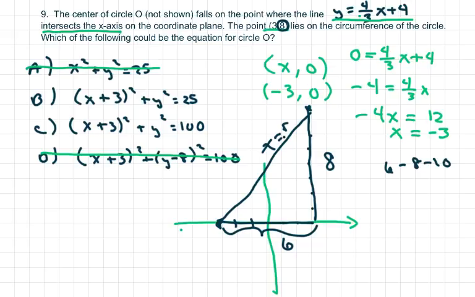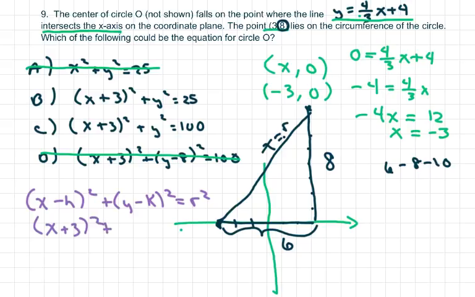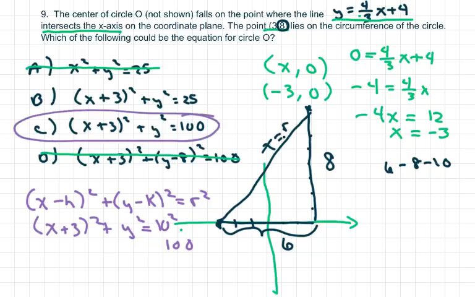So we know that r is 10, and if r is 10, then your equation of a circle with the center not at the origin is this. So basically we have x plus 3 squared plus, my k is 0, so y squared equals 10 squared, so this equals 100. So my answer is C.